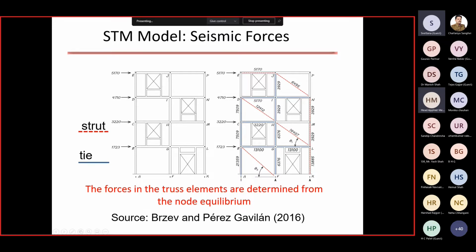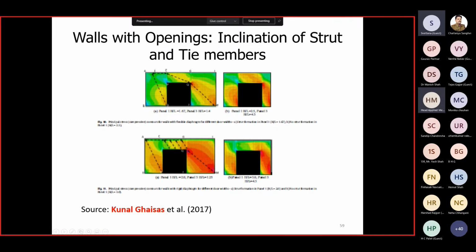Sometimes it is necessary to do a finite element model first, and that was explained in the work by Kunal Gaisas and others in 2017. That paper is also available. Kunal was also an MTech student at IIT Gandhinagar, and he did his thesis on this topic in 2017.